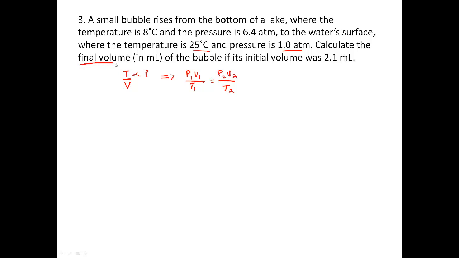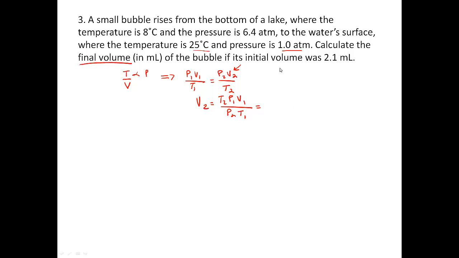Now we're looking for the final volume, so let's call that V2. I'm going to isolate V2 here. So we've got T2 times P1 times V1 over P2 times T1.